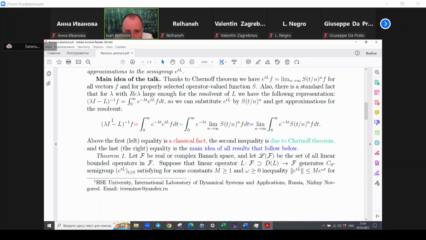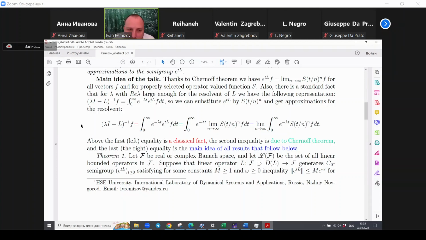So the main idea is that we can make Chernoff approximations for the resolvent if we use representation of the resolvent via integral transform of the semigroup, and then substitute semigroup with its Chernoff approximations. Everything else is just a corollary, and you can use this idea in many situations.